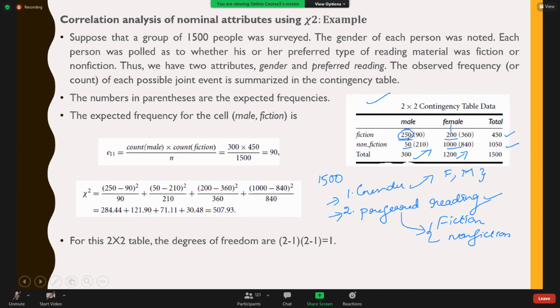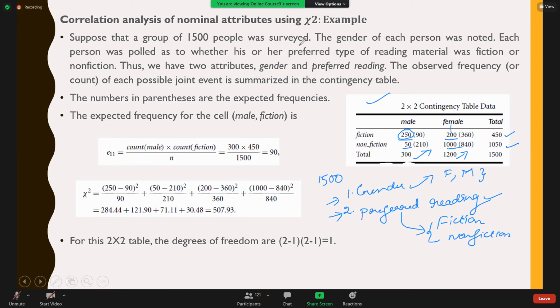Now this chi-square test is conducted based on the observed frequency. Whatever frequency we calculated is the observed frequency. And now we have one more term called expected frequency.